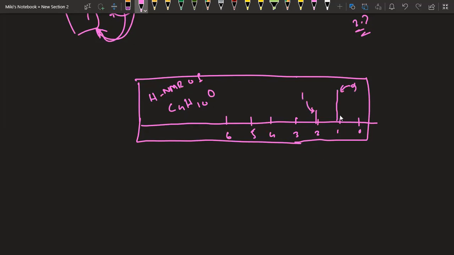Now, why is that? How do I explain this? This one is for someone who has like 9 hydrogen towards his environment, and this one has someone who has just 1 hydrogen towards, let's say, the possible environments.